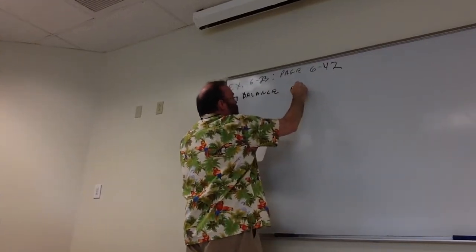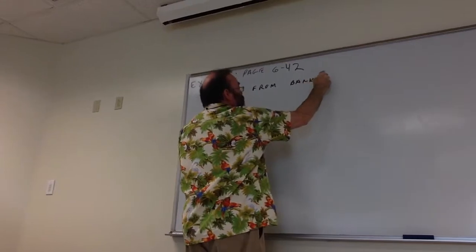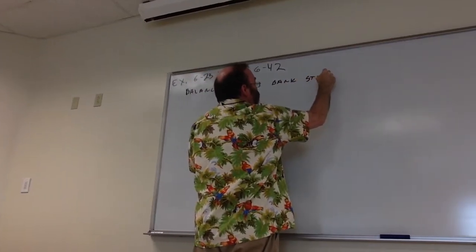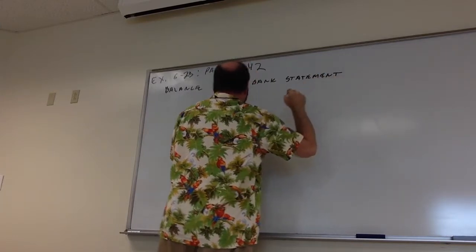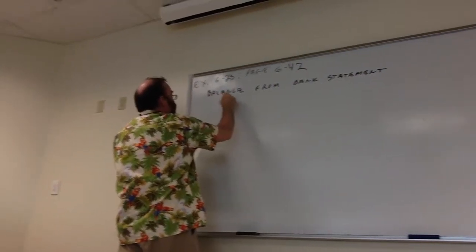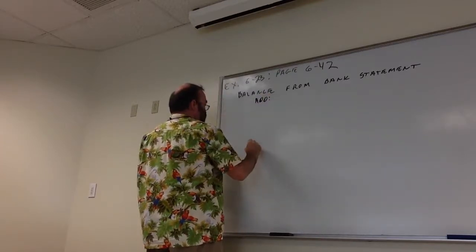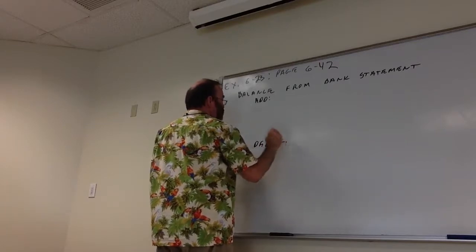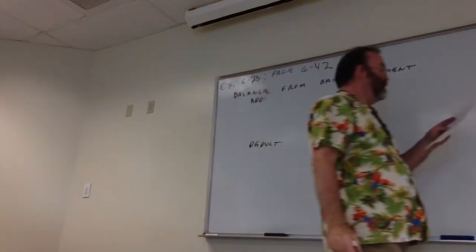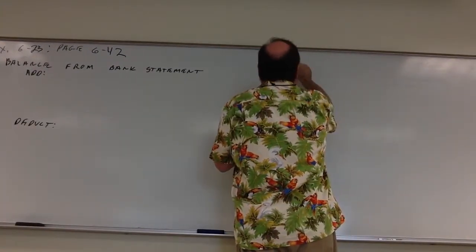So when you're approaching this, you're going to start with the balance from the bank statement. And then you're going to add certain transactions, and you're going to deduct. And then you're also going to start with the balance from the company's books.